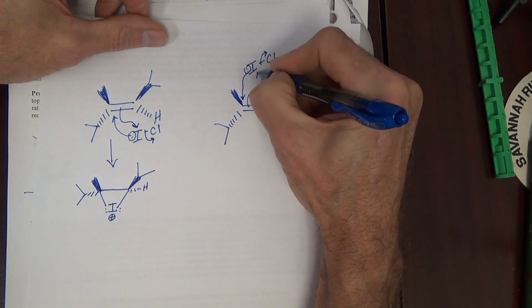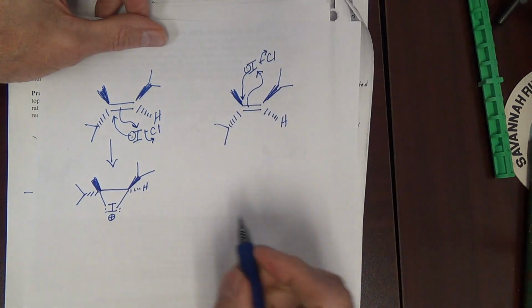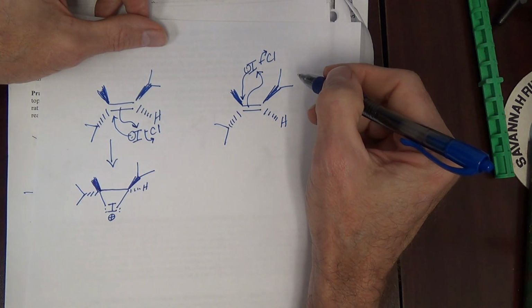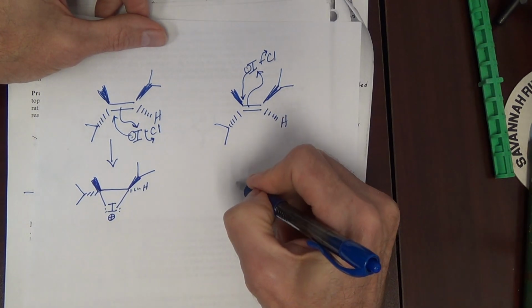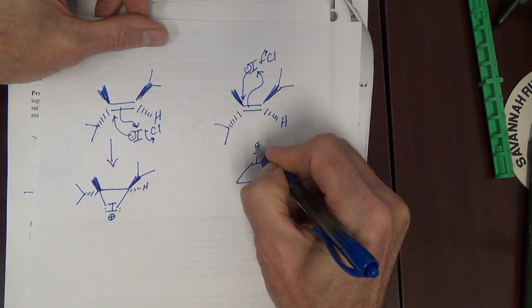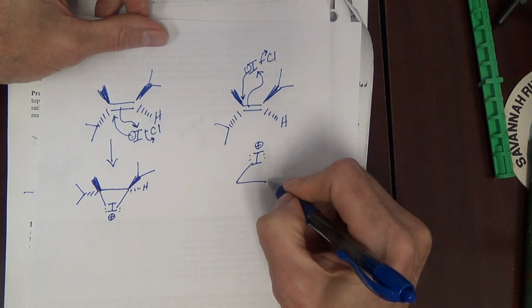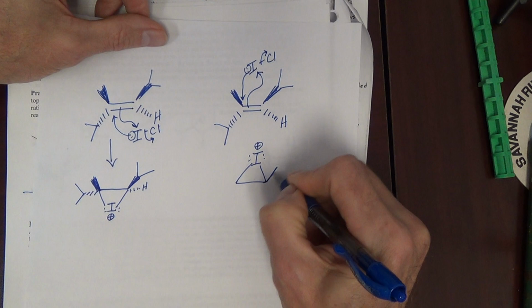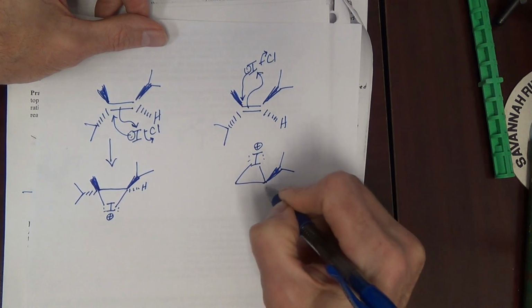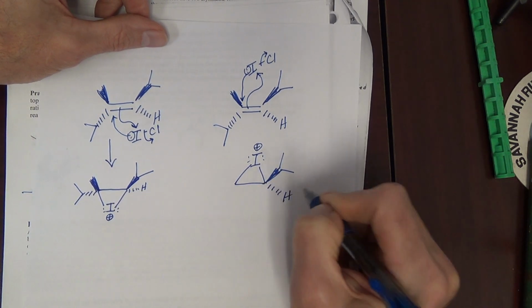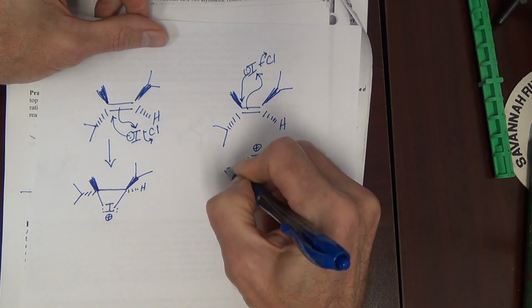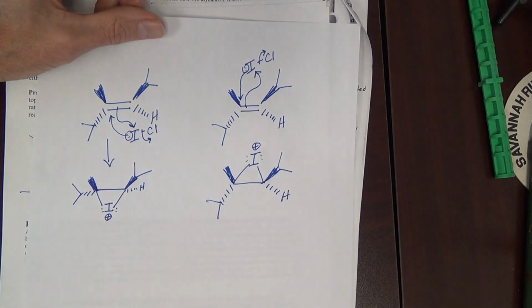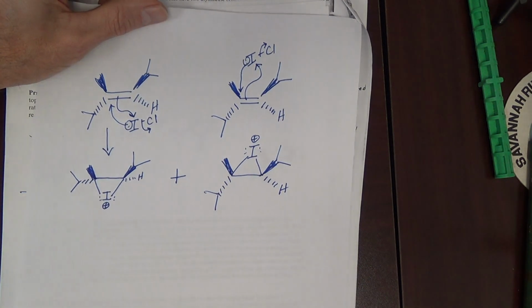Again, I'm not showing an intermediate here. And that would give the iodine up. Okay. There you go. You're going to get both.